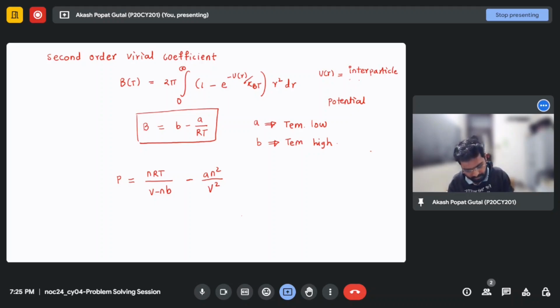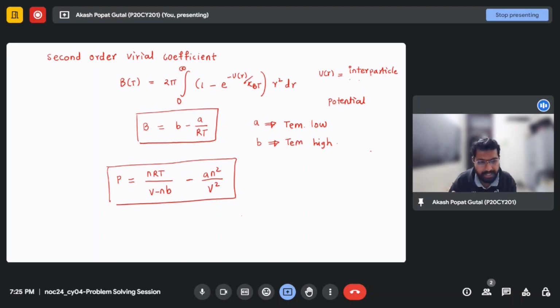So this is the real gas equation. And what we discussed is that these two coefficients b and a in the second order virial coefficient are nothing but these two constants a and b in the real gas equation, the van der Waals gas equation.